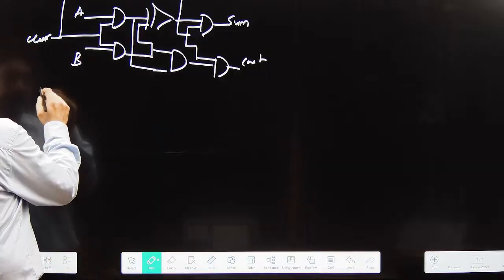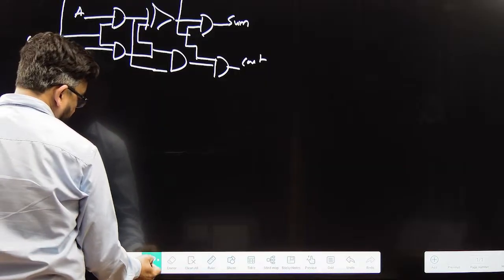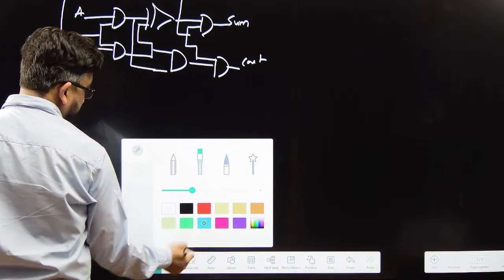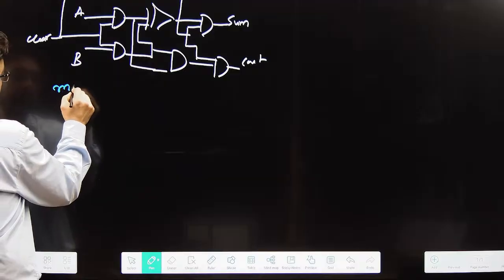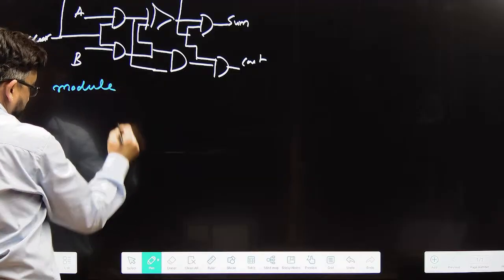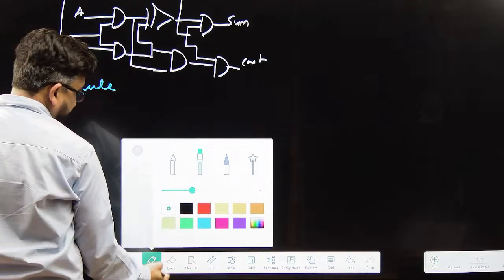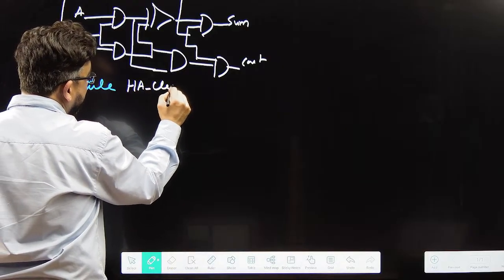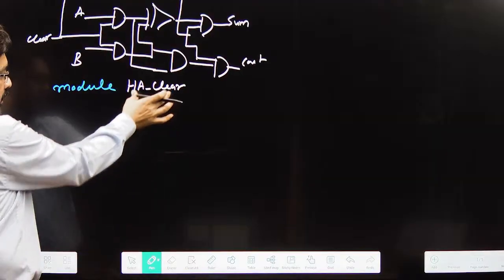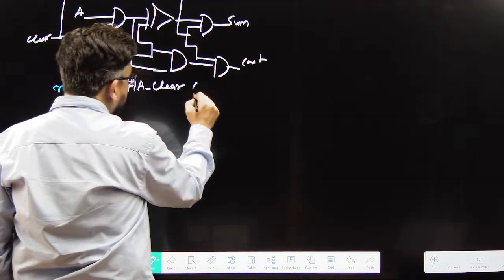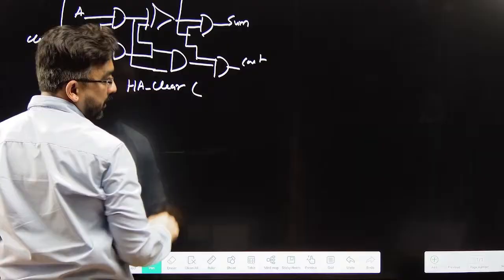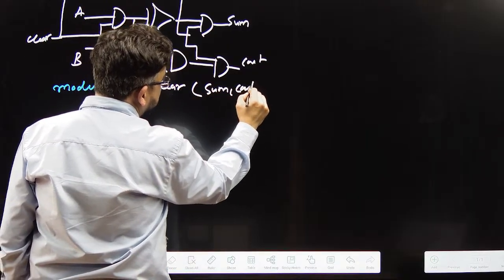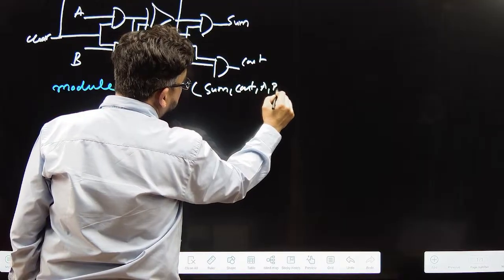In Verilog, we first start with the keyword module. Then the identifier, half adder clear. This is my user identifier. Then I have to write my output and input, so sum and cout, and A, B, and clear.